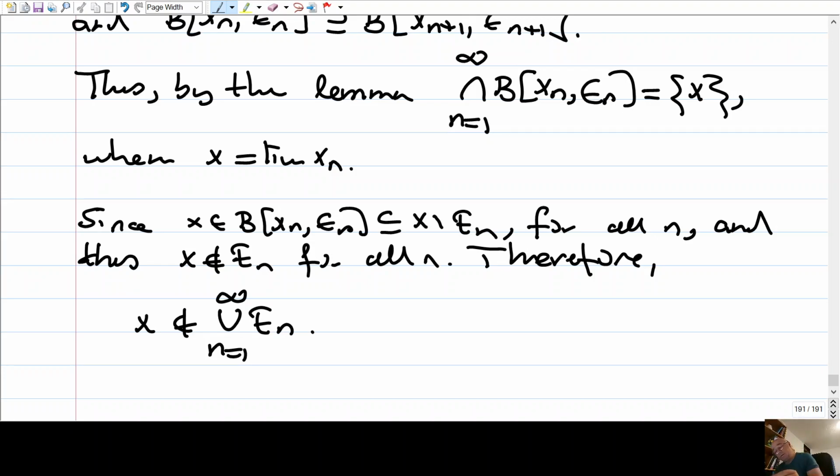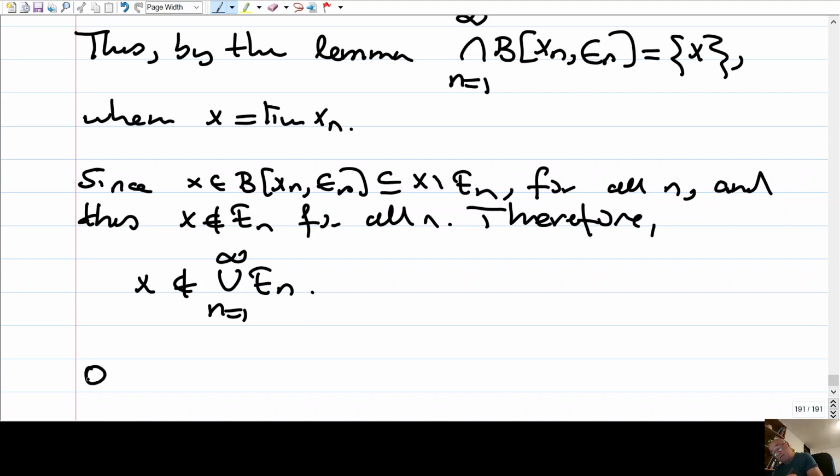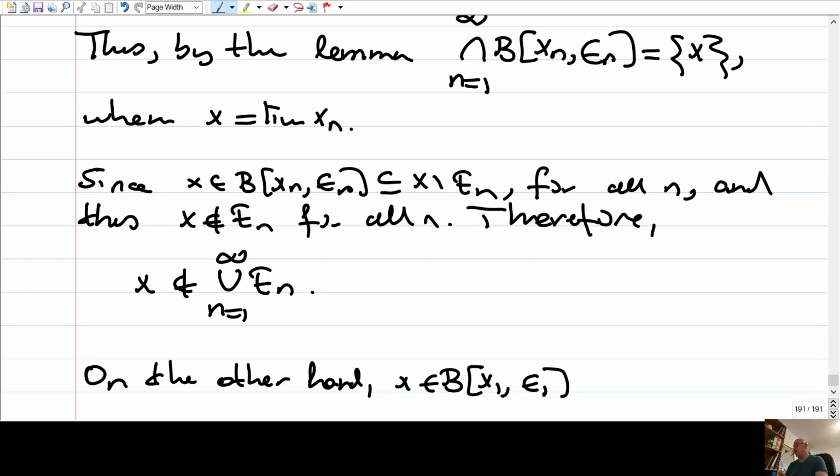However, on the other hand, x is, of course, in this ball B(x1, epsilon 1), right? And this lies inside, by the construction, B(x0, epsilon 0), and this lies inside this ball.